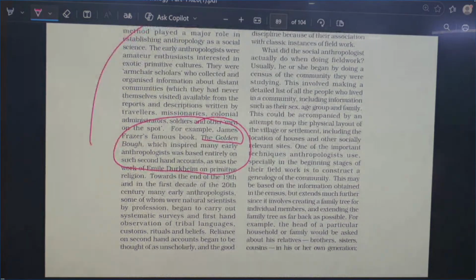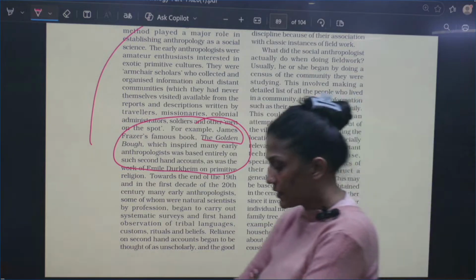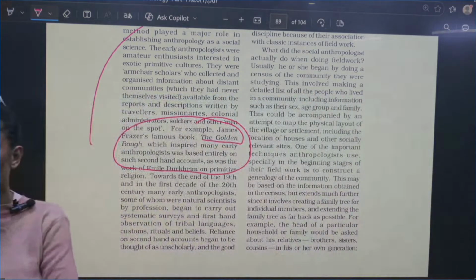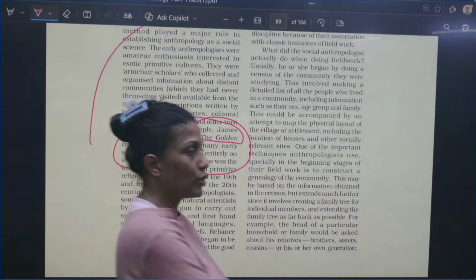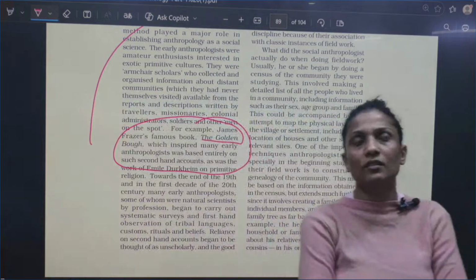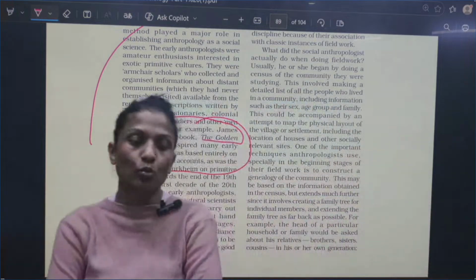Emile Durkheim on the Arunta tribes. Although I would be explaining this, James Frazer has given an explanation of how religion has evolved. So write down how religion has evolved according to James Frazer.